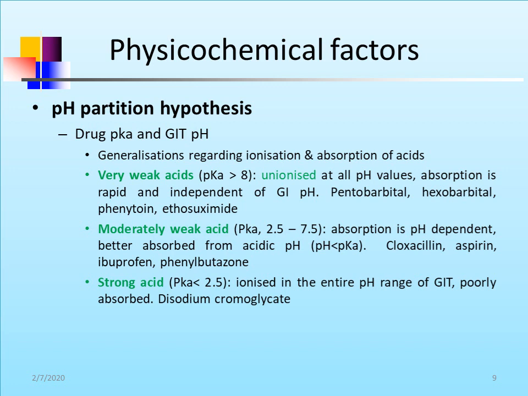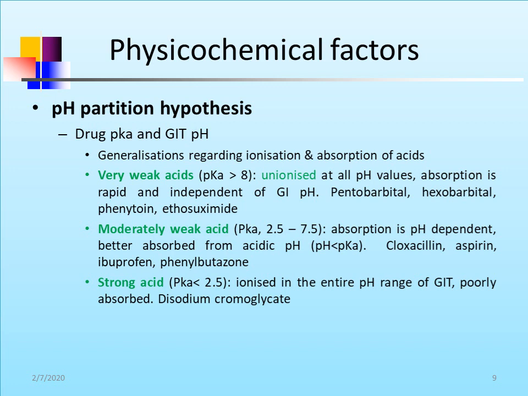In the case of strong acids with a pK less than 2.5, they are ionized over the entire pH range of the gastrointestinal tract and poorly absorbed from the GIT, for example disodium cromoglycate. So now it is possible to understand how acidic drugs are absorbed from the gastrointestinal tract.